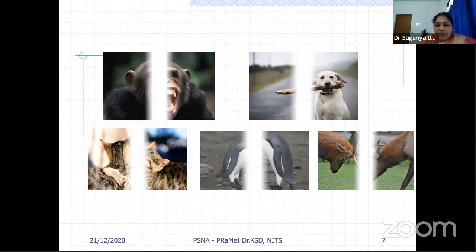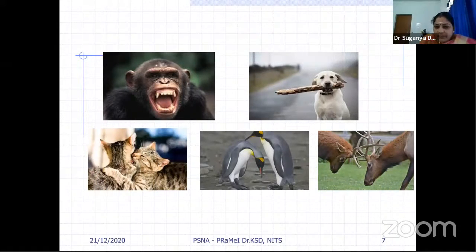So what might it be? I think you can easily guess. The monkey is screaming, the dog is taking the stick and coming back, and the deer are fighting with their horns.